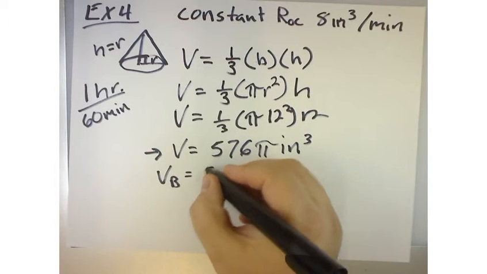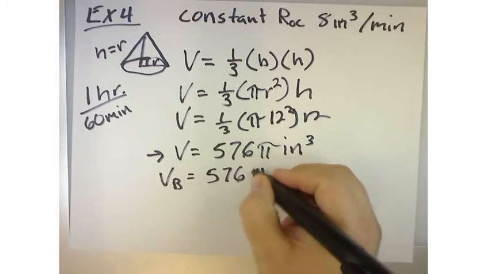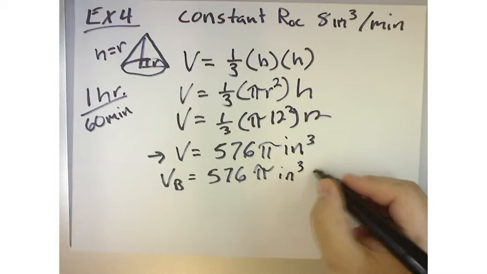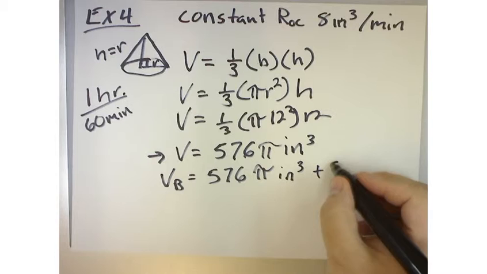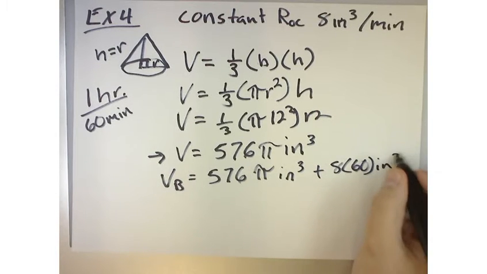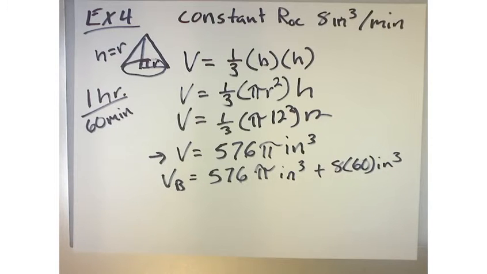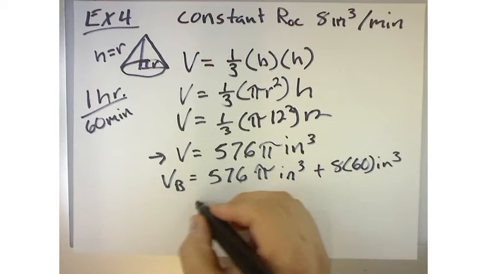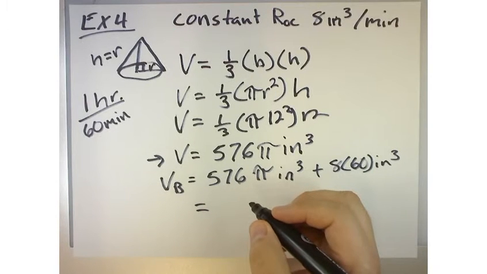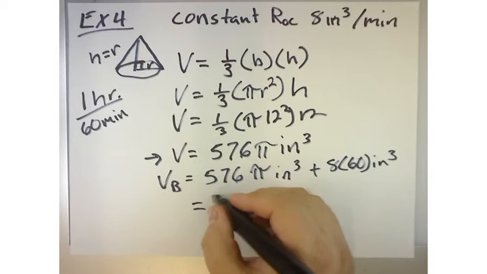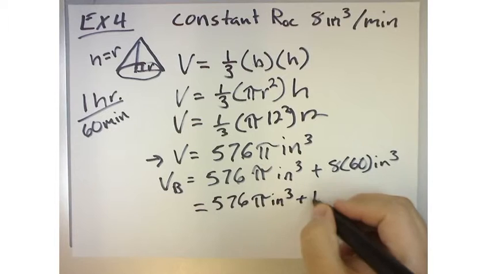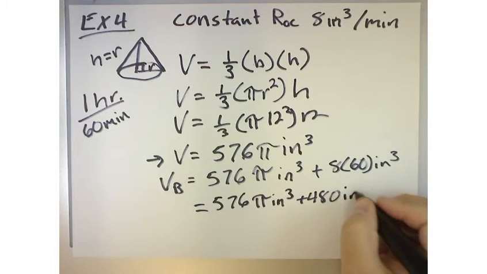Well, we have our original volume, which is 576 pi inches cubed, plus 8 times 60 inches cubed. So that equals 576 pi inches cubed plus 480 inches cubed.